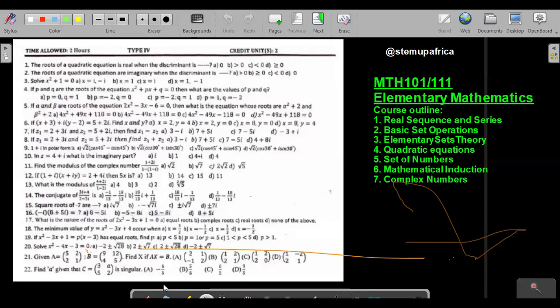These are some of the topics in elementary maths, although they have different names depending on the school. Today we are going to be looking at various questions that I adopted from different schools. Let's see how we can deal with each and every one of them. At the same time, feel free to ask us questions by the end or in the process of doing the class.